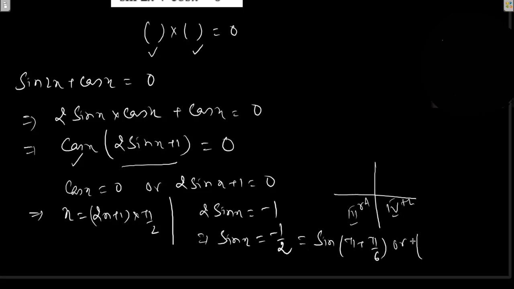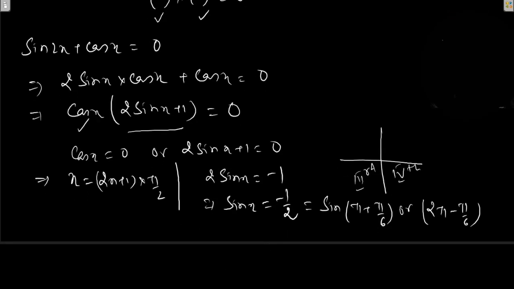Or I can go to the fourth quadrant and write 2 pi minus pi by 6. Both of these will be the values, but I will work with the first one itself because that's how we derive the general solution. So my sin x is becoming, let's sum it up, 6 pi plus pi, which will be 7 pi by 6, and the other will be 12 pi minus pi by 6, that is 11 pi by 6.